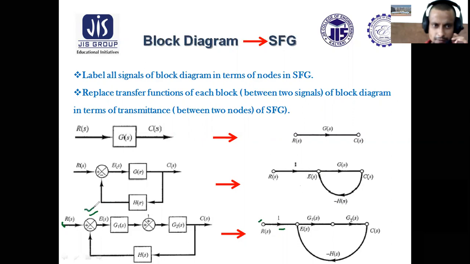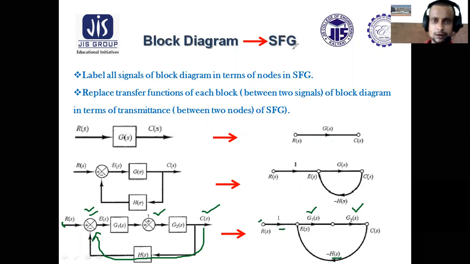In between this summer and this summer there is G1. In between this summer and the output node there is G2. In between the output node and the first summer there should be minus HS. Likewise, we can get SFG from block diagrams.